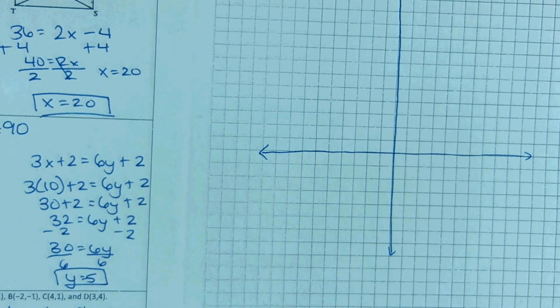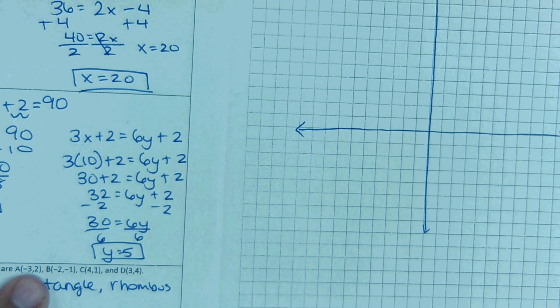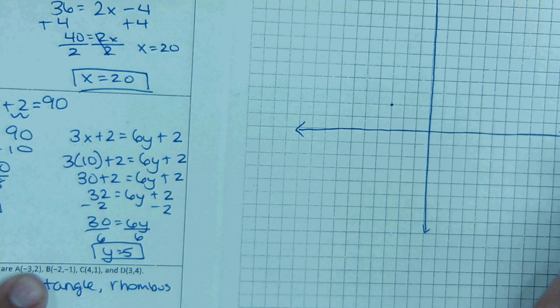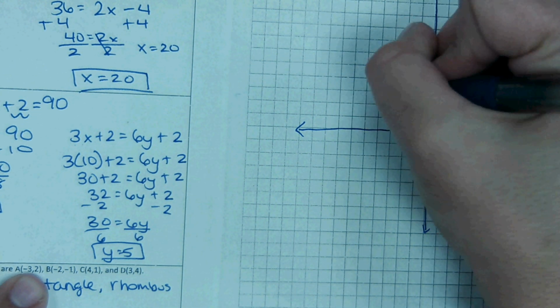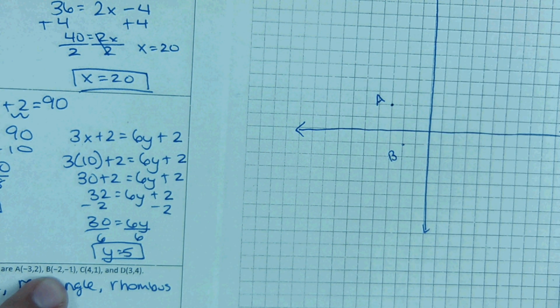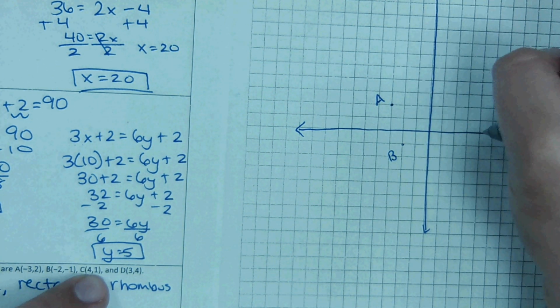Okay, so I just made a coordinate plane. And then I'm going to use these coordinates right here and put them on the graph. -3, 2, A. I'm making my point small on purpose because it'll make my image more accurate.